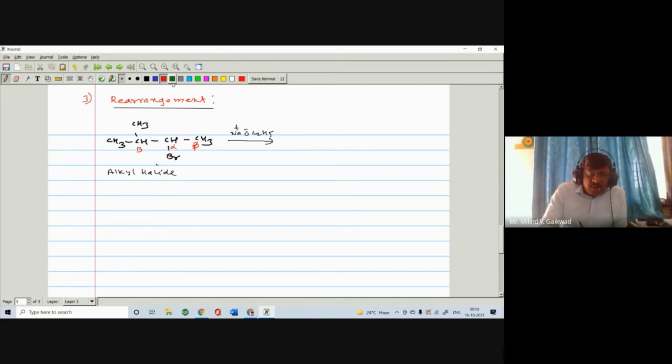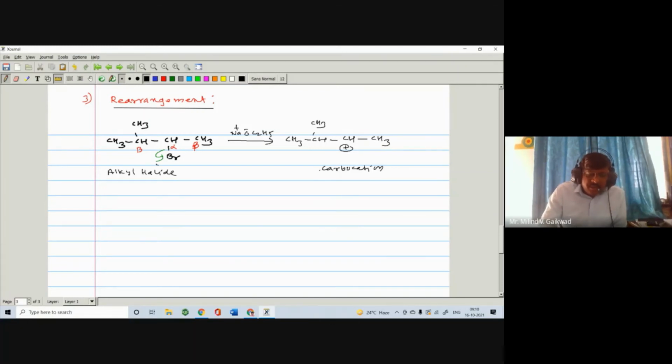So this sigma bond will open on the Br. So you are getting here CH3, then CH, here is also CH3, here is the CH positive, then here is the CH3. So there's a formation of carbocation.